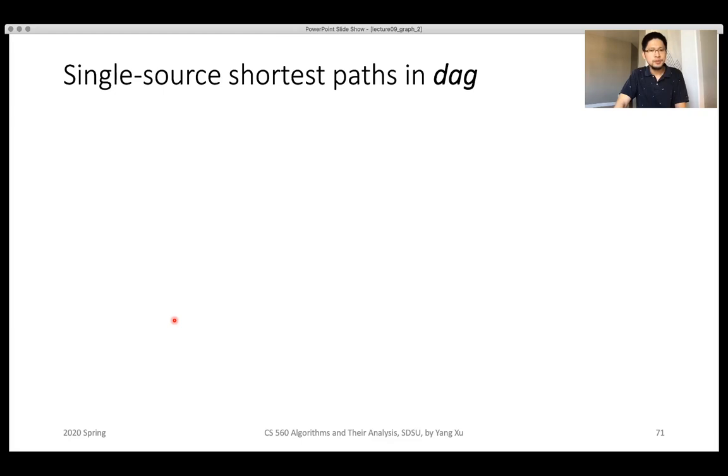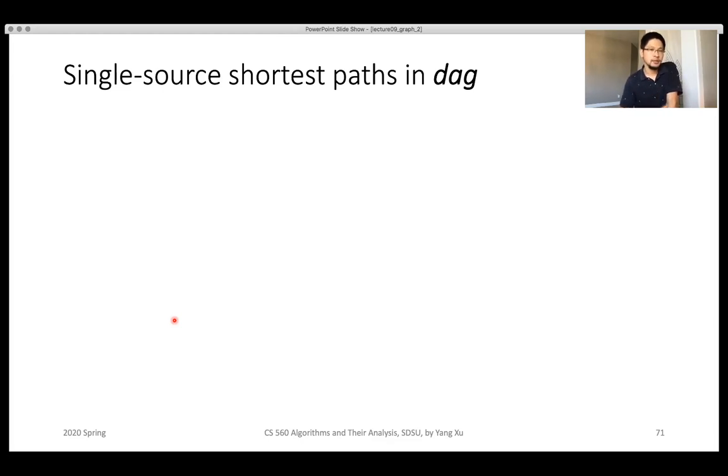In today's lecture, we will look at algorithms that have some constraints or additional requirements on the input graphs. For example, first we're going to talk about how to find the shortest path in a DAG, which is a directed acyclic graph. We already encountered this type of graph when we talked about topological sort weeks ago.